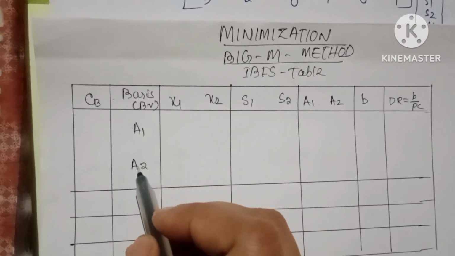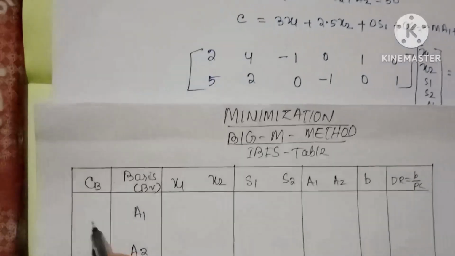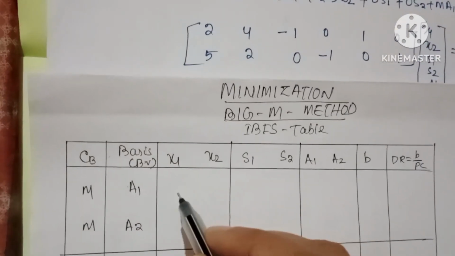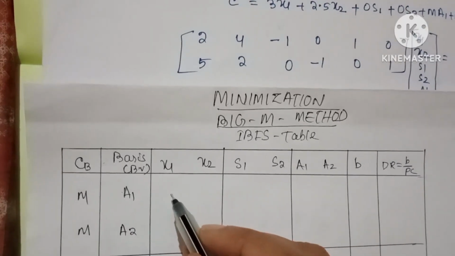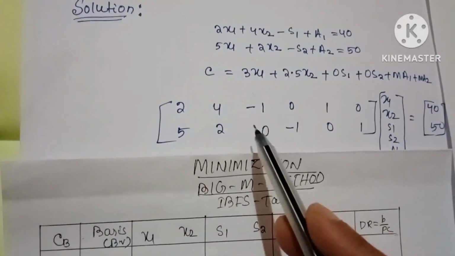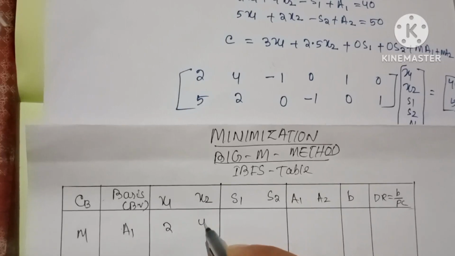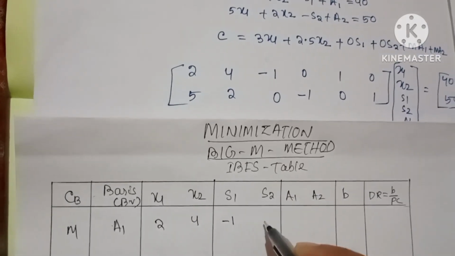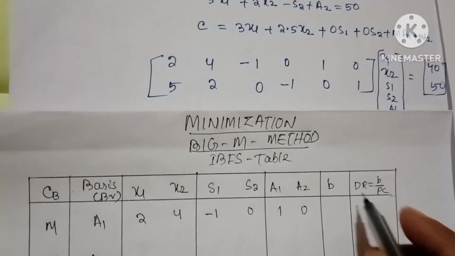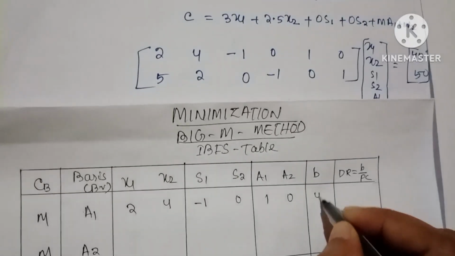The coefficient of a1 and a2 is M. Now we put the values from the given matrix format: 2, 4, minus 1, 0, 1, 0, and in the solution column we write 40.